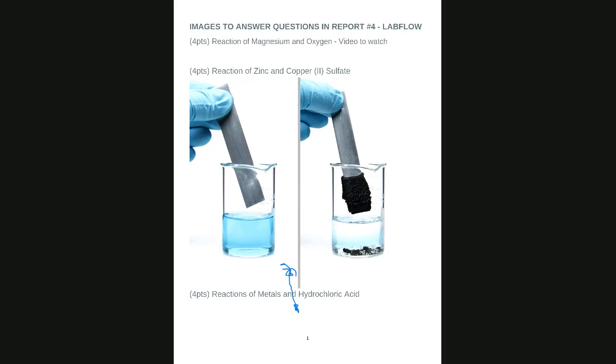So basically, what do we see here on the bottom? We see a precipitate, right? This is a precipitate. So when they ask you what is the evidence of a chemical reaction, precipitate is one of those. Can be bubbles, can be precipitate, and also a color change because the solution fades.